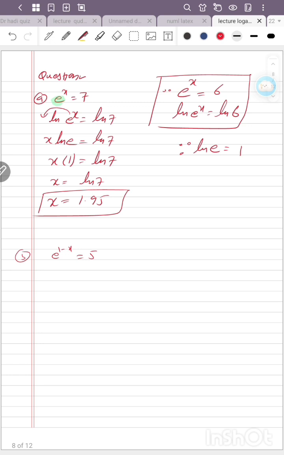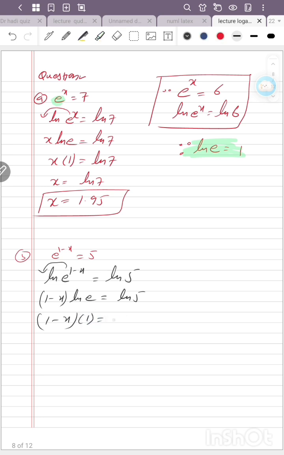Okay, now we have our next question. The next question is e power 1 minus x equals 5. How do we solve this one? We take natural log both sides: natural log of e power 1 minus x, natural log of 5. The property is that the power will be at the start. So 1 minus x times log of e, which we have previously discussed, log e will be 1.